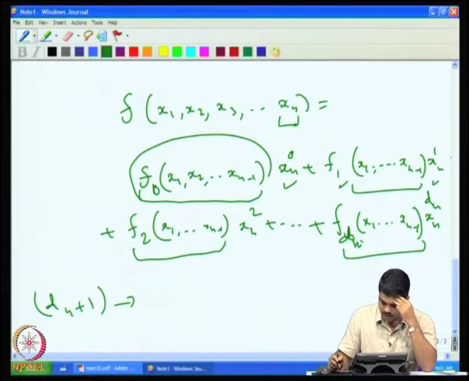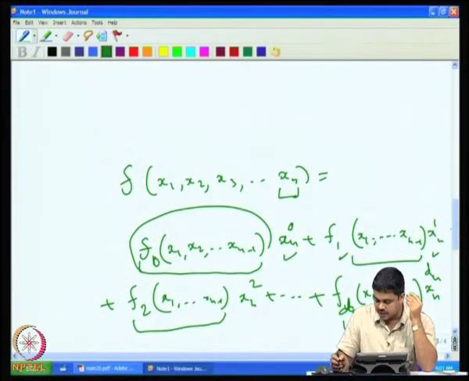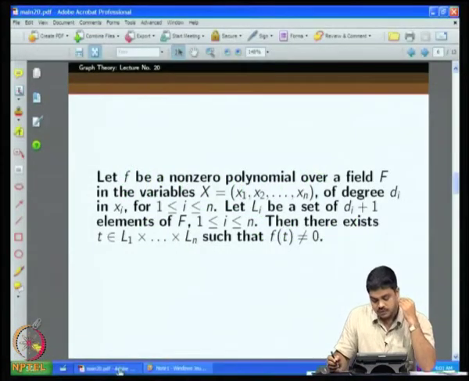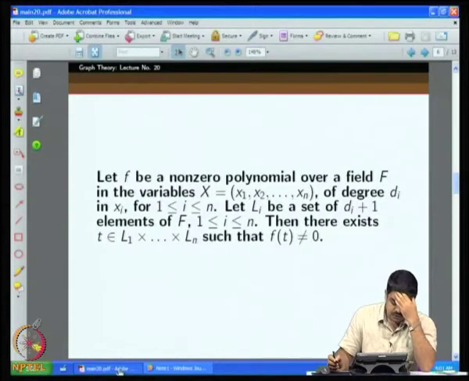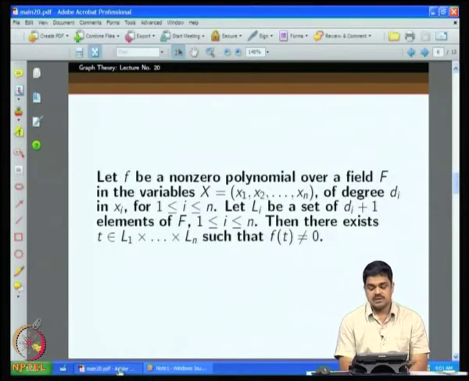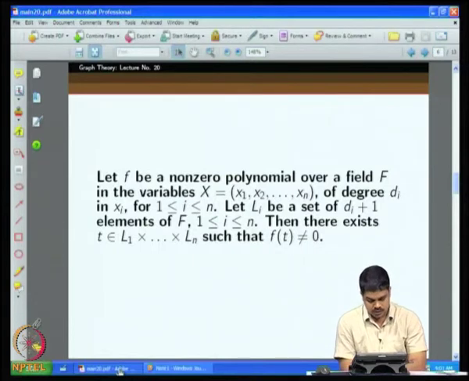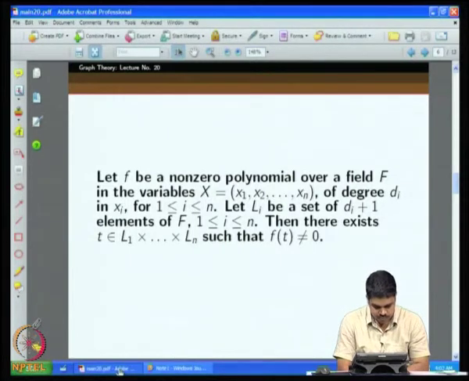So, by induction, if there is a list of values L1 for x1, a list L2 for x2, and a list Ln for xn, then we can pick some t in L1 cross L2 cross Ln such that when you substitute those values in the polynomial, it evaluates to non-zero. That is what will come, isn't it?